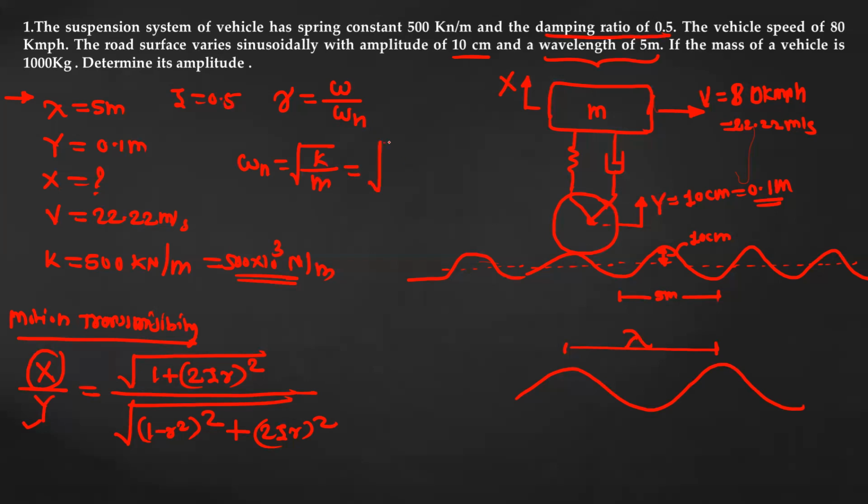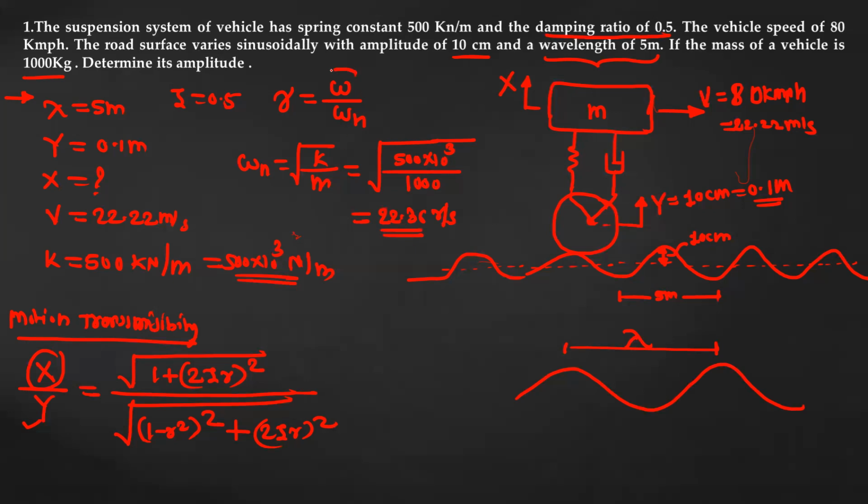So this mass is given as 1000, and k is given as 5 into 10 raised to 3 upon 1000. Okay, so the omega n value is 22.36 radian per second. This is the natural frequency of this automobile including the suspension system.